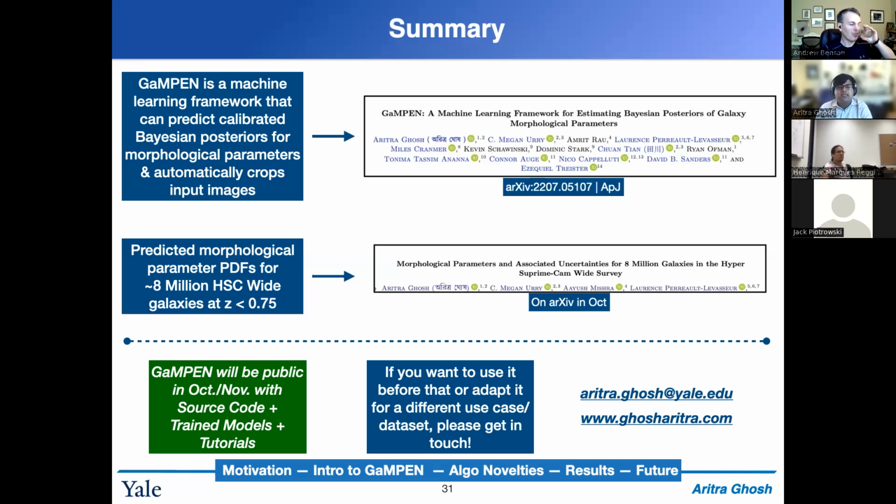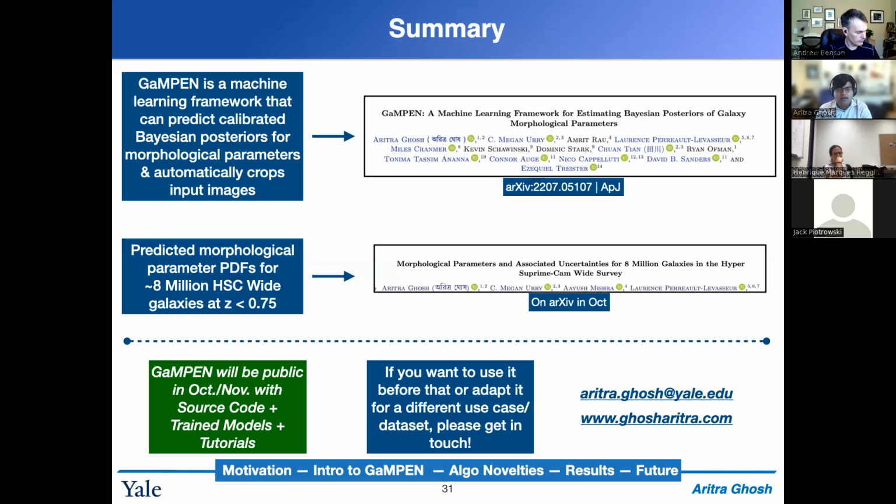Yeah, so essentially GaMPEN, you should be able to train it with space telescope data as well, whether it is Hubble or JWST. We are doing this right now with CEERS data from JWST. With Hubble, we have trained with the GaMPEN-Net framework, which is the classification instead of the parameter estimation framework. There you will find already trained models available from us, which work on CANDELS data.